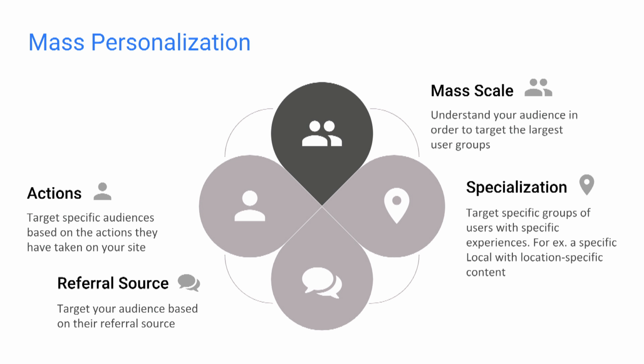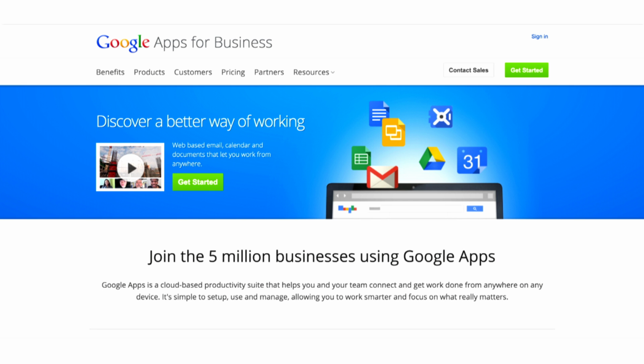So we start with mass personalization and mass scale. And this is understanding your audience in order to target the largest user groups. So Lewis, way back when I joined Google, almost 6 years ago, I was in what was then called the Enterprise Group, now called the G Suite Group, which is the group that will sell you Gmail for your business.